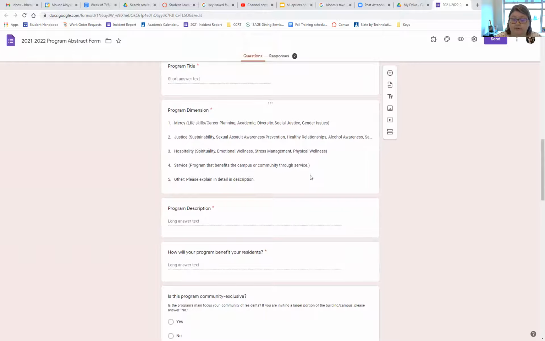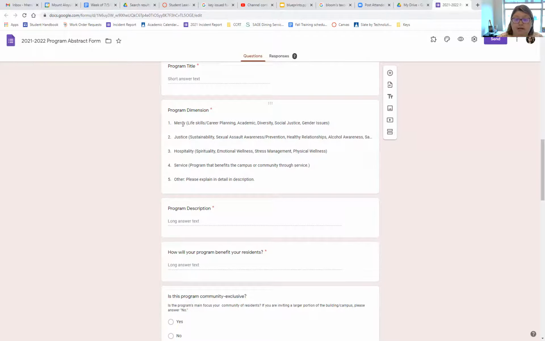So the Mercy values, or the dimensions, that you should include as aspects of your program are either mercy, which can align with life skills, career planning, diversity and social justice issues; justice, where you would look at particular topics such as sexual assault awareness or prevention, talking about healthy relationships, both romantic and friendships, alcohol awareness, drug use, those sort of topics.